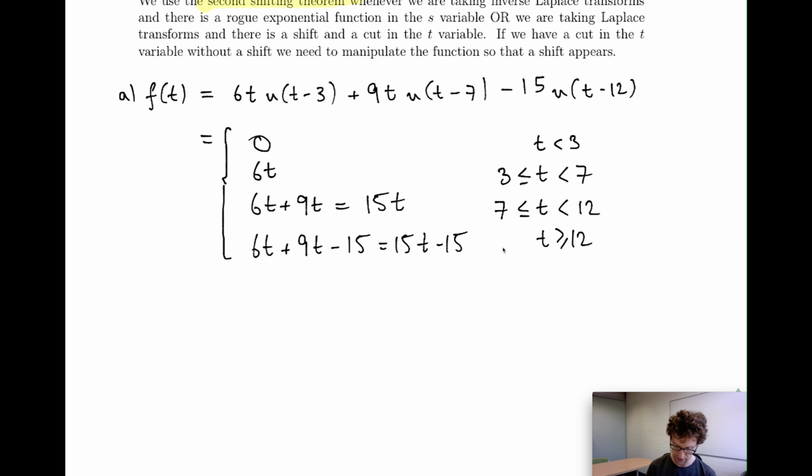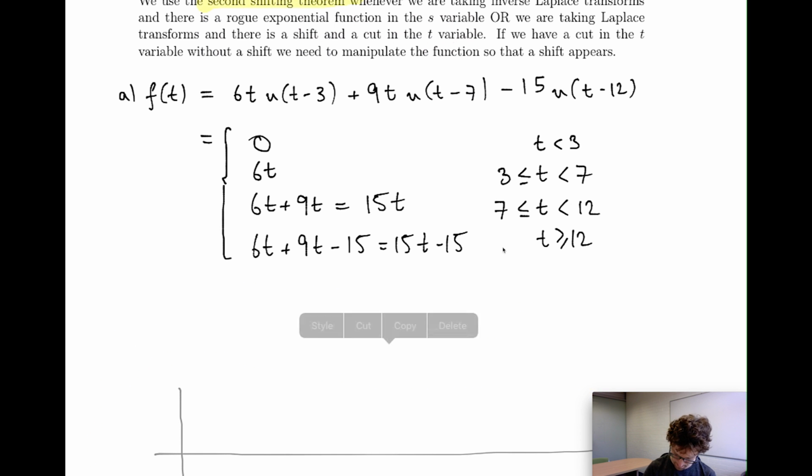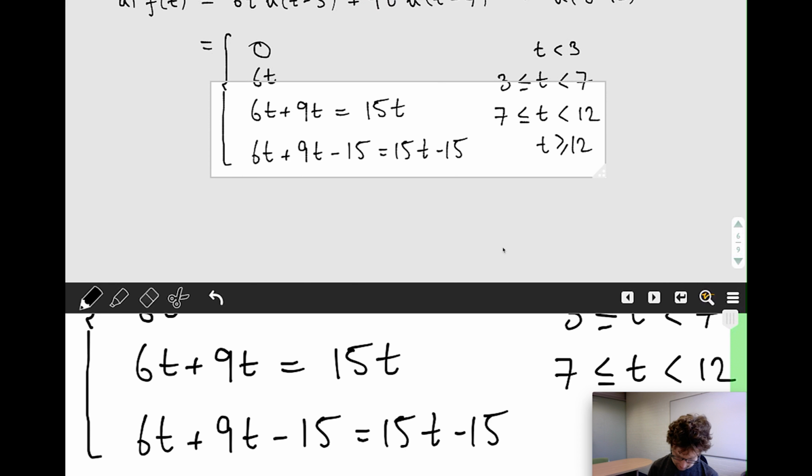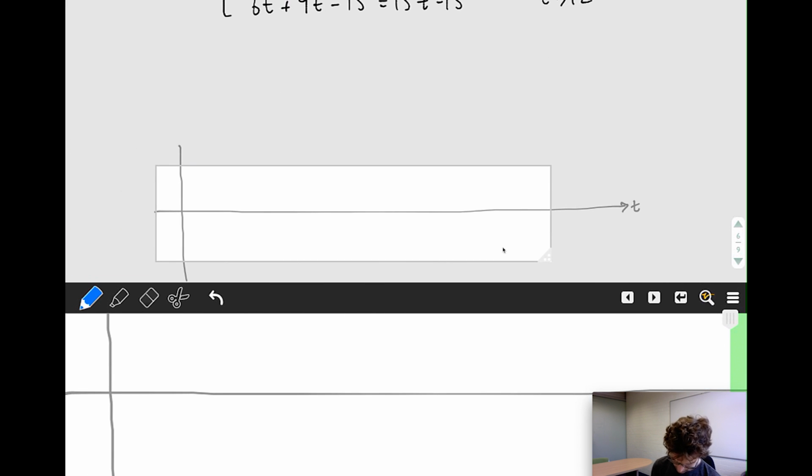And now I'm ready to sketch what this thing is going to look like. I've got changes at t equal to 3, 7, and 12. So there's 3, there's 7, and there's 12. We know that this function is 0 first of all.